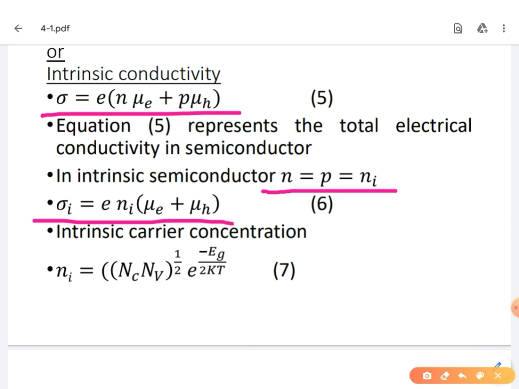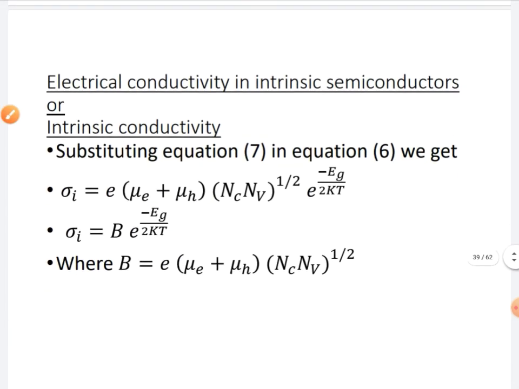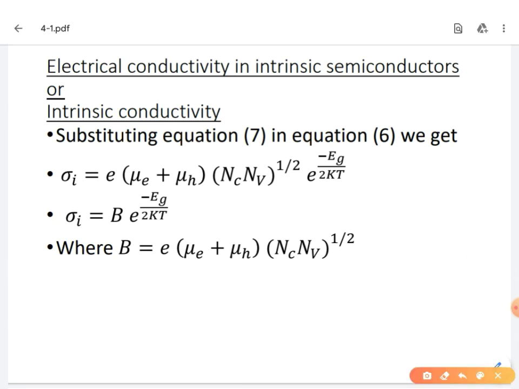In that expression, by substituting the value of n i from the previous concept, where we already derived the expression for intrinsic carrier concentration, that means substituting equation 7 into equation 6, we got the expression like this, which is the final expression.